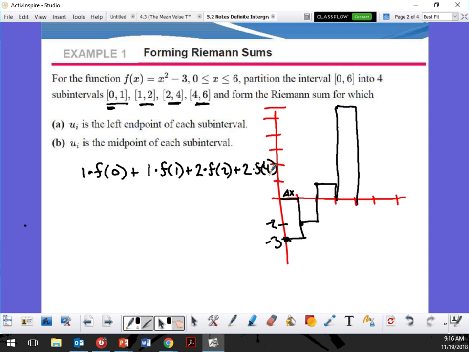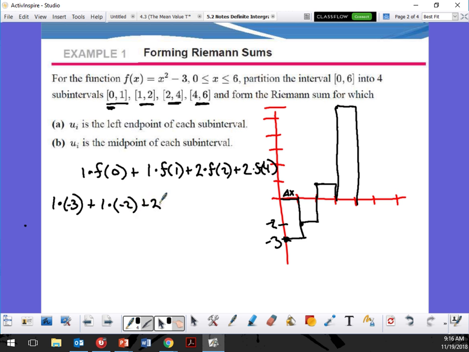Anyway, all right, so let's see. 1 times f of 0, which we said was, what is it? -3. Plus 1 times f of 1, -2.